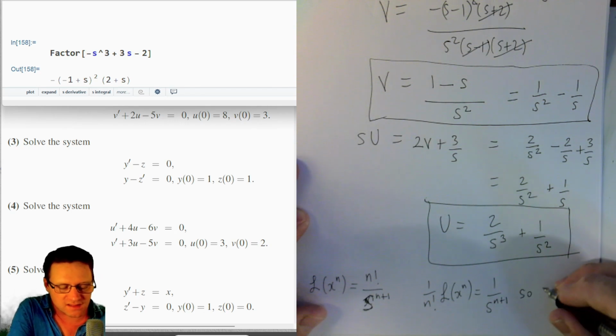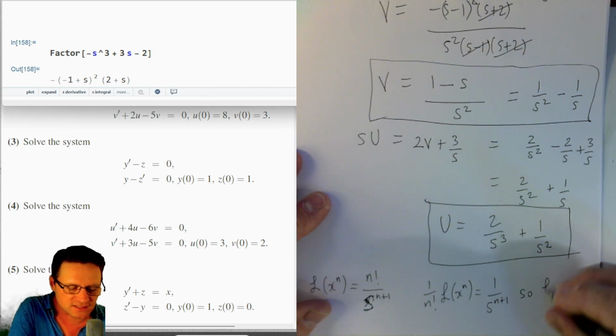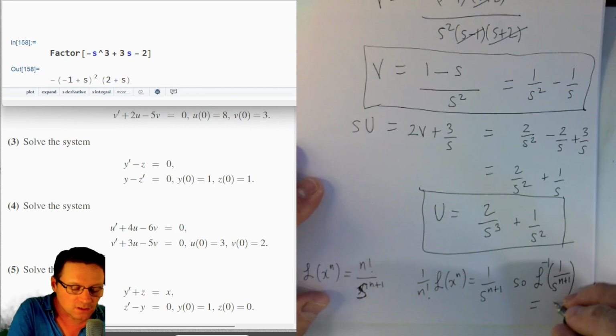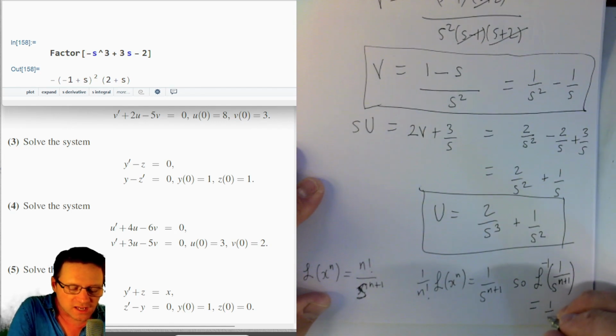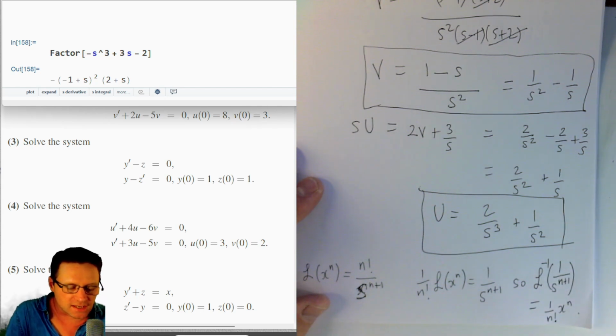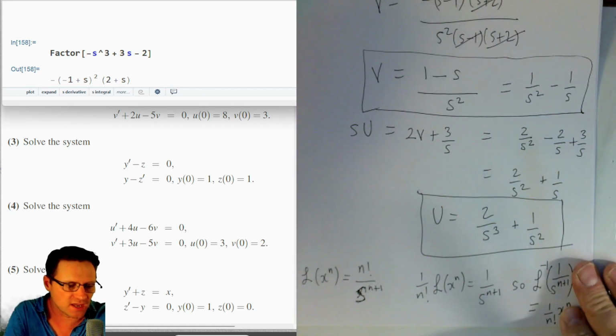So what we see then is that taking the inverse Laplace transform of both sides, the inverse Laplace transform of 1 over s to the n plus 1 is equal to 1 over n factorial x to the power of n. Okay, and so now we can take the inverse Laplace transform of u and v. So let's go ahead and do that.